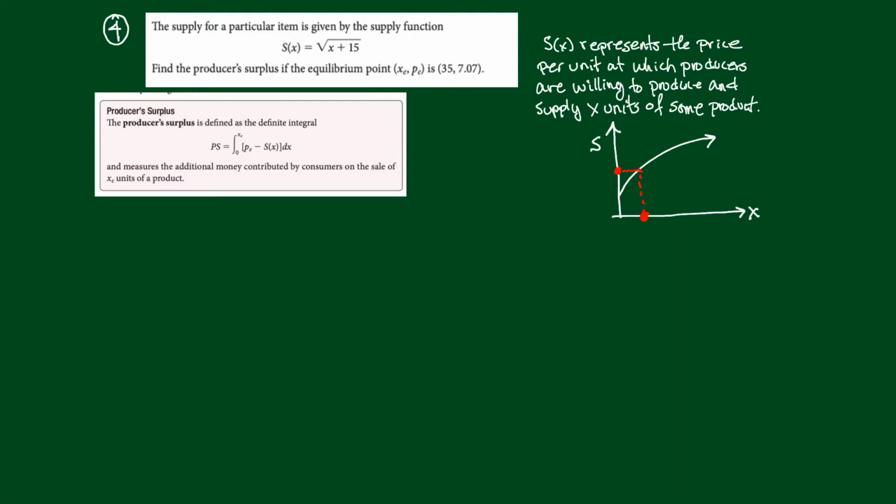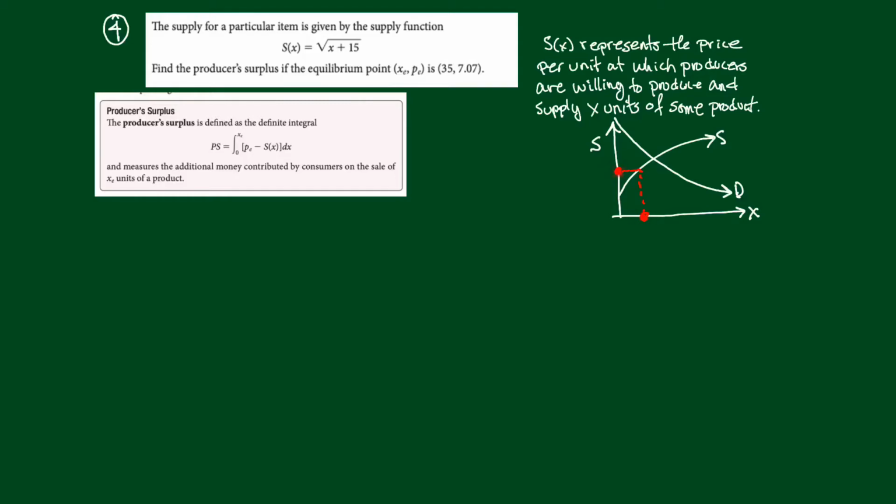And to get a full picture of what's going on, let's make this a demand curve, right? So this is S, this is D. And then according to our graph here, at this price the supplier is willing to produce and supply this many units.